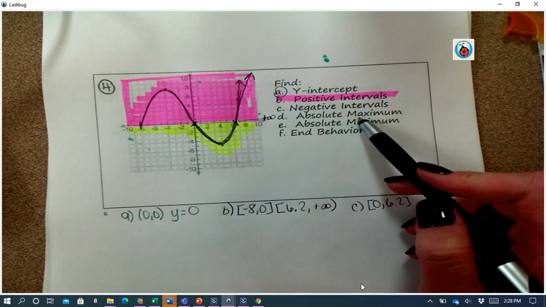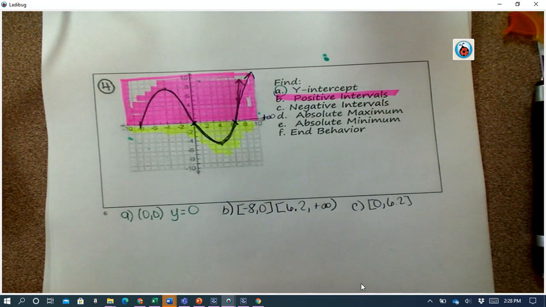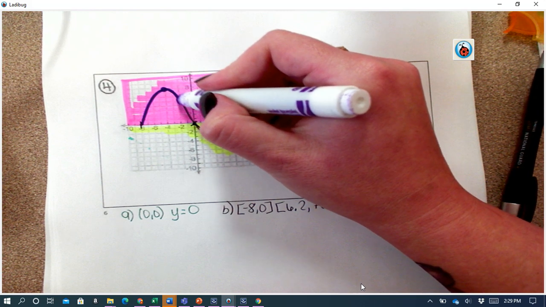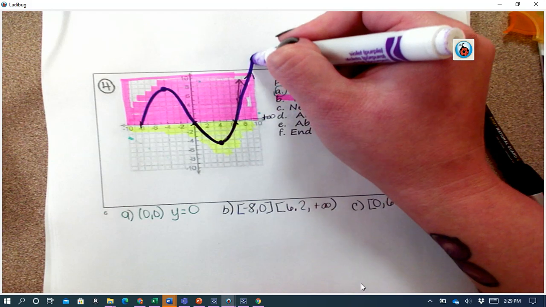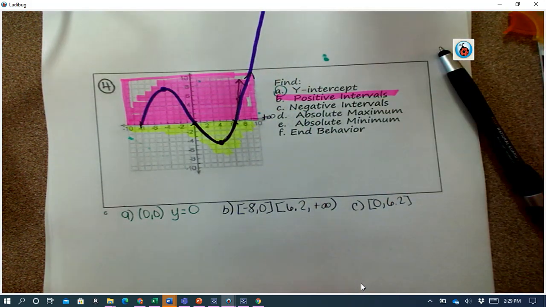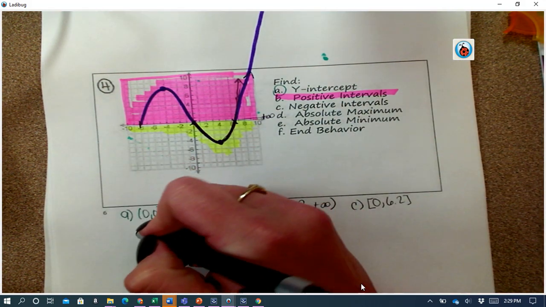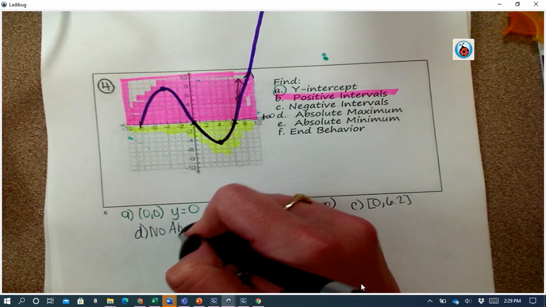Absolute maximum is the absolute highest point of the graph. So if you follow your graph up, this is a high point, this is a low point, and then this graph keeps going and going and going. So in this case, since the graph keeps going up for part D, there would be no absolute maximum.